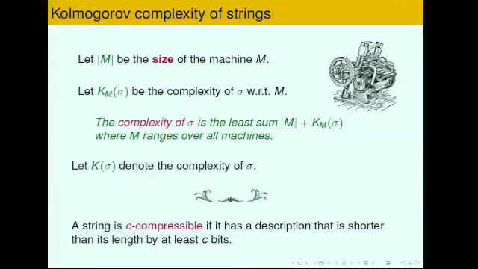Now, there is a remark here that basically we want the complexity to represent exactly the number of bits which carry information. Now, if you describe a string tau with a string sigma, you can actually, using any Turing machine, use more than the bits of sigma to code information.